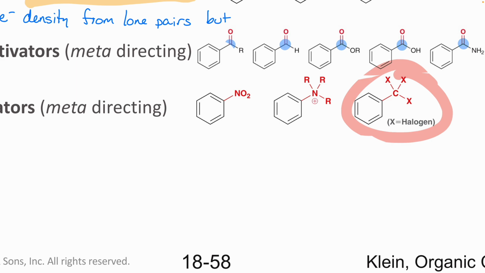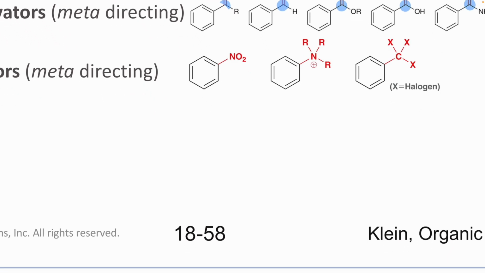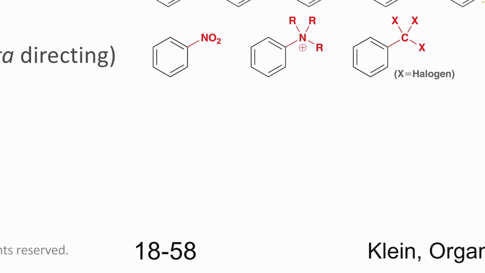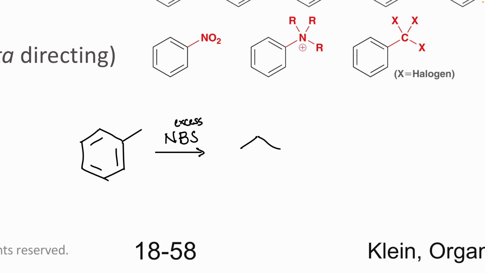Carbon with a bunch of halogens on it. Why is that one so important? Because again, we know how to make this one. Going back to our reactions at the benzylic position, if we take toluene and put a boatload of that NBS in there, we're going to replace every hydrogen in that benzylic position with a bromine.